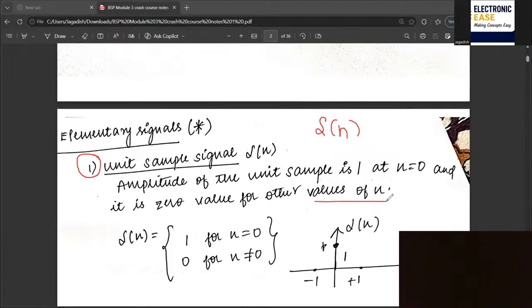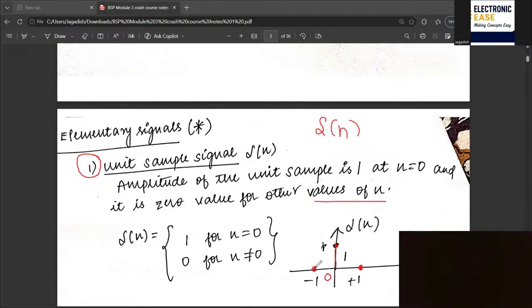So the amplitude is 1 only at 0. At 0 the value is 1, and for other values of n it will be 0. If you put a dark dot on the signal, that indicates the value of that signal.